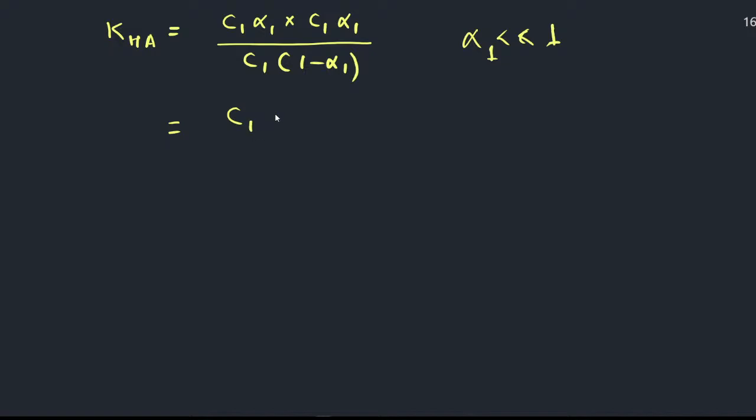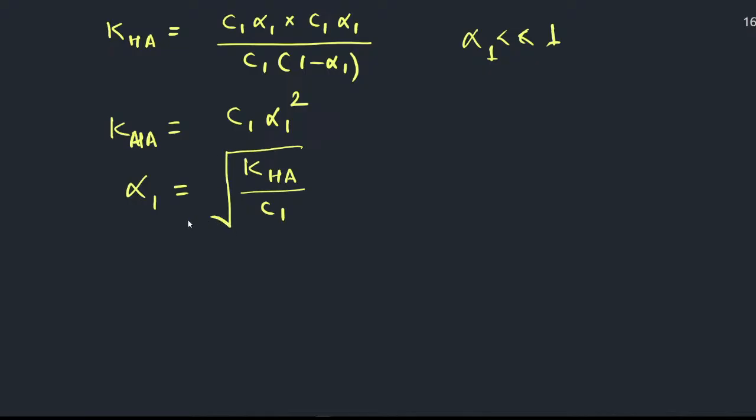So it becomes C1 alpha 1 square equal to KHA. That means alpha 1 is equal to square root of KHA divided by C1.